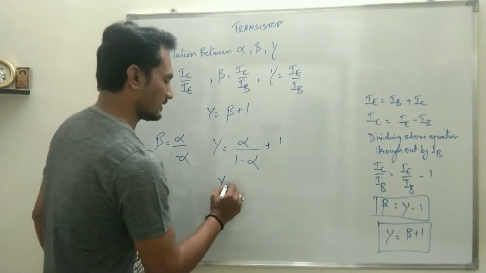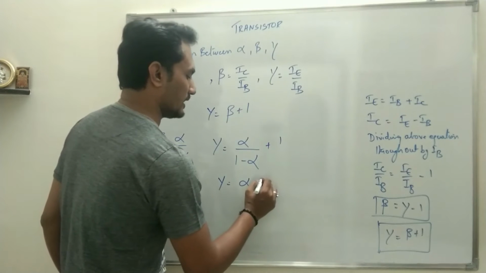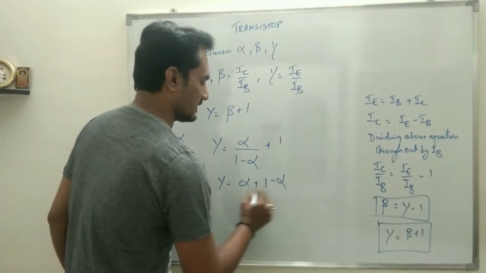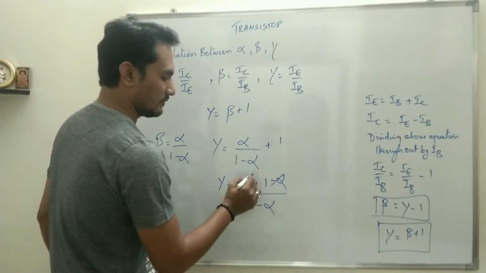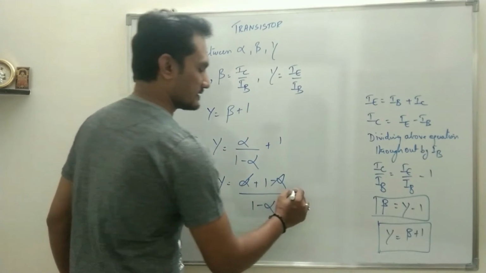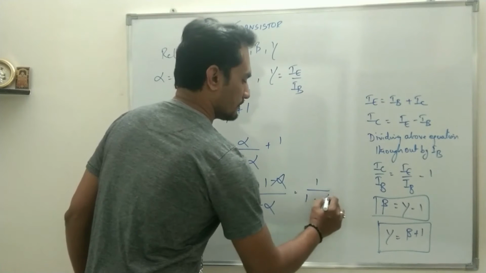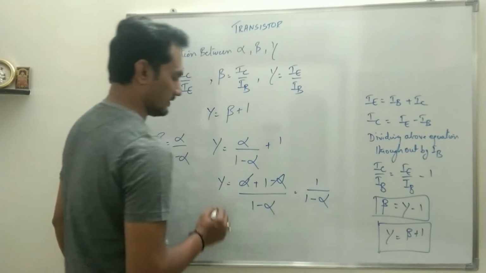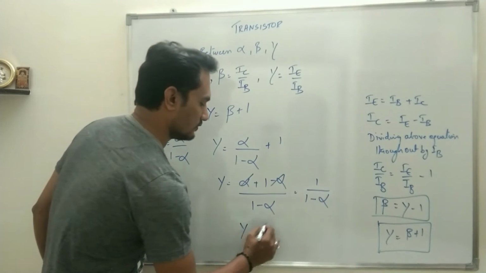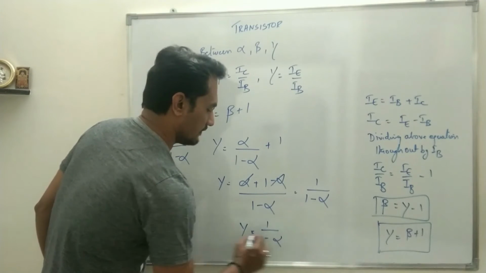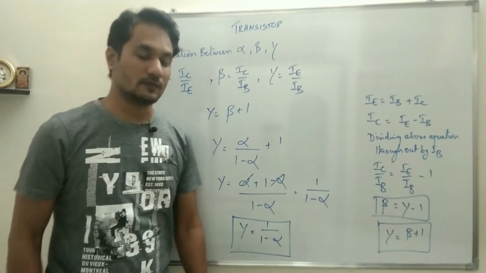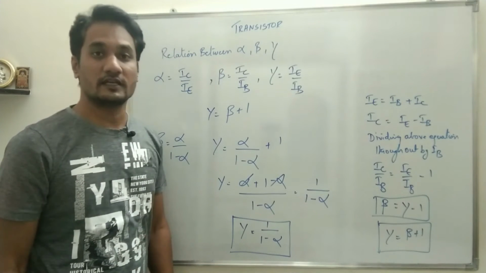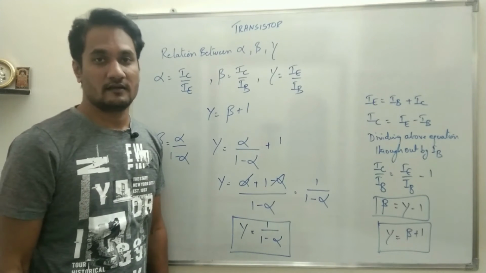Okay, so we can write gamma is equal to (alpha plus 1 minus alpha) upon (1 minus alpha). So plus alpha and minus alpha get cancelled and the value will be 1 upon (1 minus alpha). So gamma is equal to 1 upon (1 minus alpha). So this is the relationship between gamma and alpha.